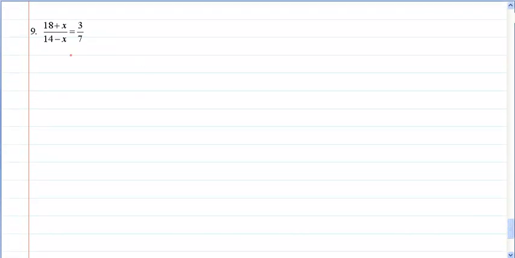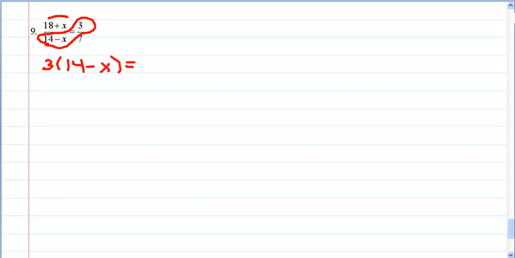And the last problem, number 9, 18 plus x over 14 minus x equals 3 over 7. So once again, it doesn't matter which diagonal you start with. So 3 times 14 minus x, I have to write the 14 minus x in parentheses.